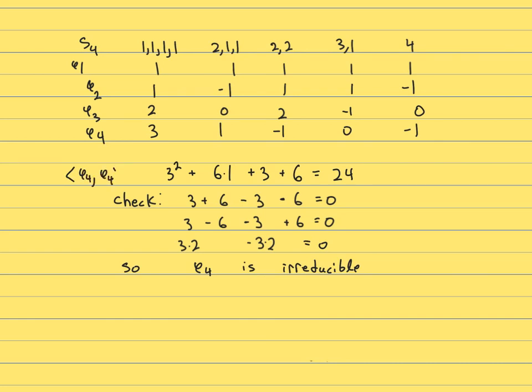So its inner product with itself is in fact 1. And so it is in fact irreducible. Note, of course, this doesn't imply that arbitrary class functions being orthogonal makes them irreducible characters. The statement is that if your class function is a character and it has this feature, then it comes from an irreducible representation.